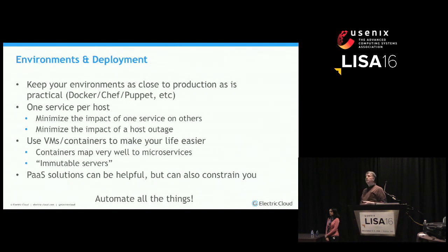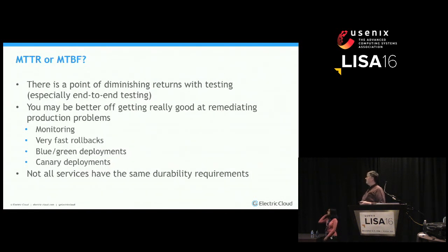That's a pretty good way to keep drift from happening in your production environments. And of course, the platform as a service systems out there are there to help. But that can also lock you into a particular deployment technology or a particular kind of deployment architecture. So that may matter to you, it may not. And of course, automate everything. No human involvement needed in these kinds of things.